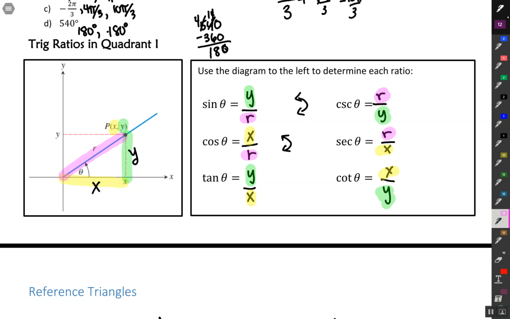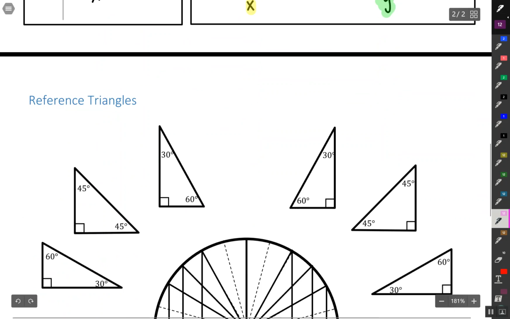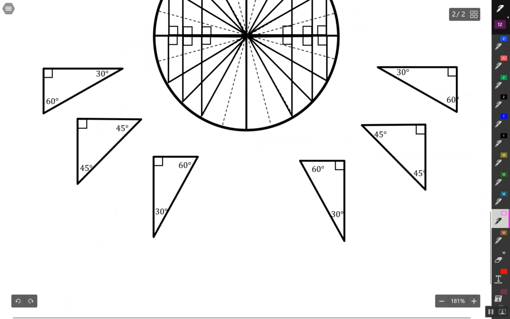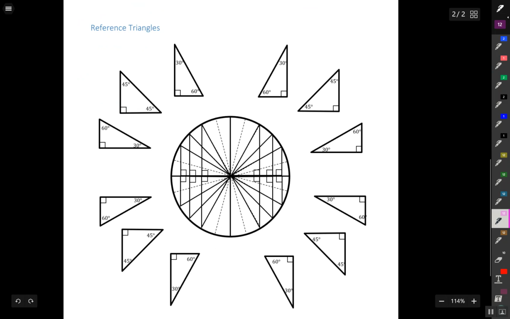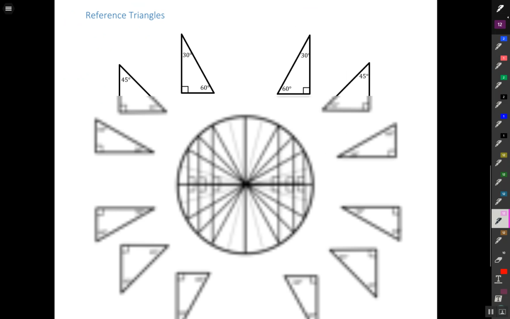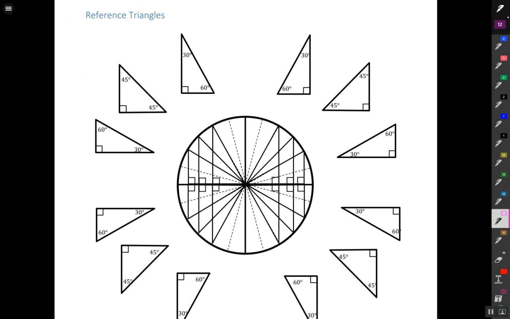So now we're going to get into reference triangles. Okay. So there are all these amazing special right triangles that you know. We've reviewed them. They're all in here. And those are the ones that we need to find.